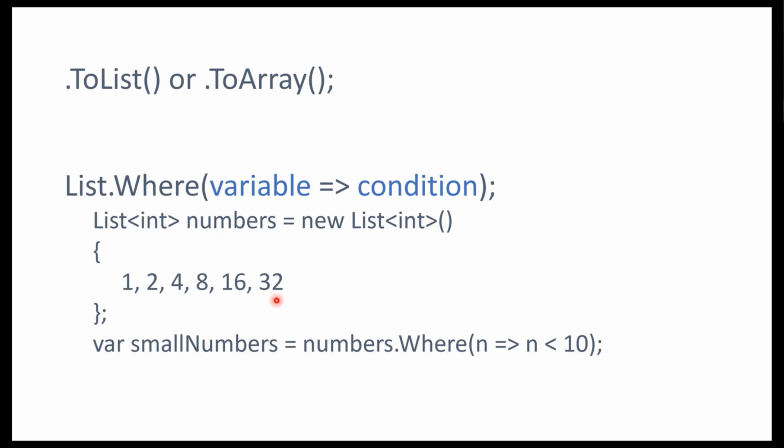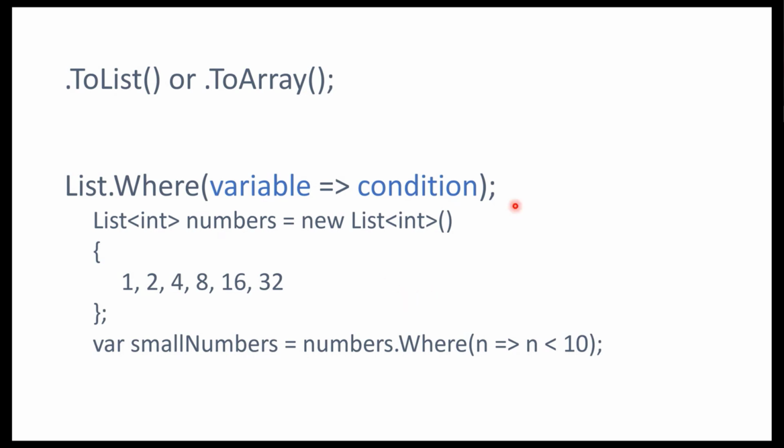And we want only the small numbers, the numbers that are less than 10. So we can create a new variable where we take the numbers list, so this list here, and say where my n, my object in the list, is smaller than 10. Then we will get in the small numbers the 1, 2, 4, and 8. We will see the next one afterwards.